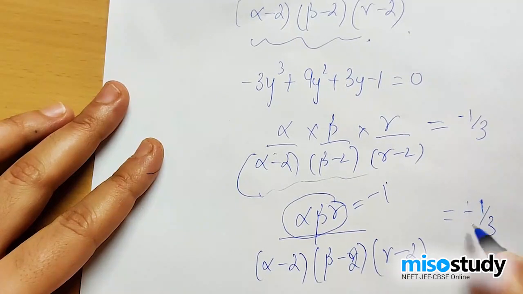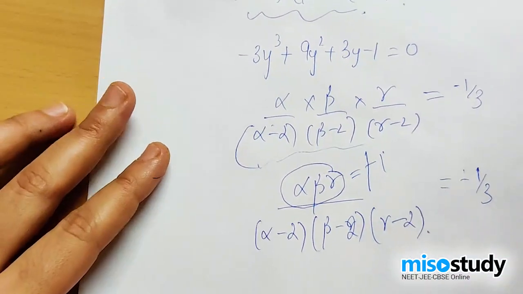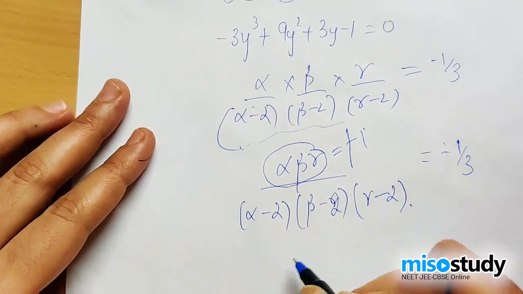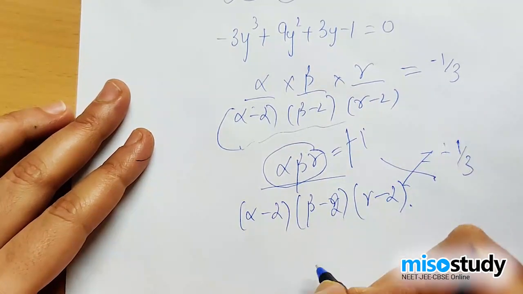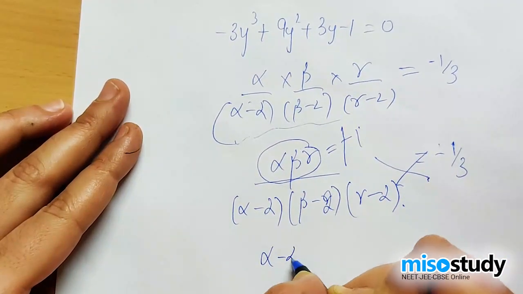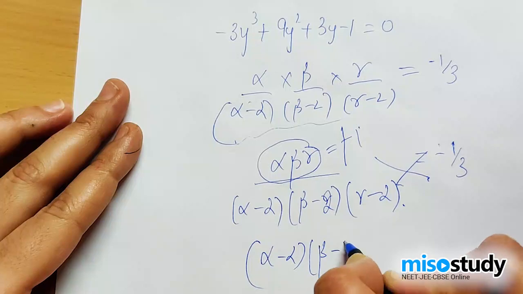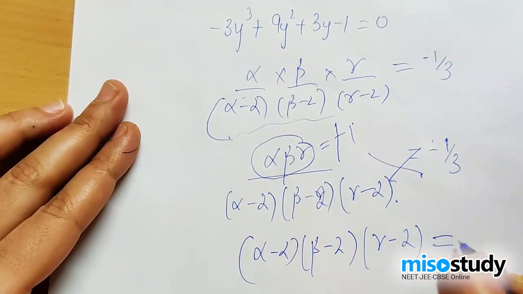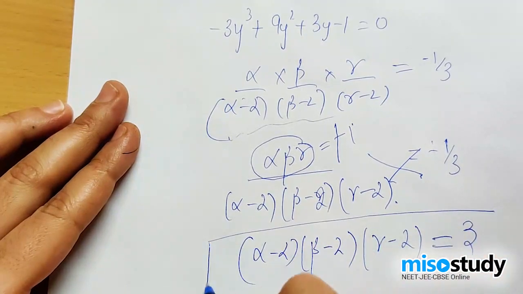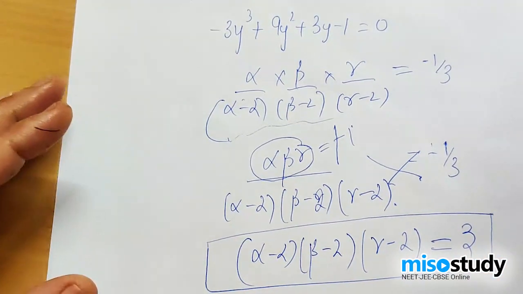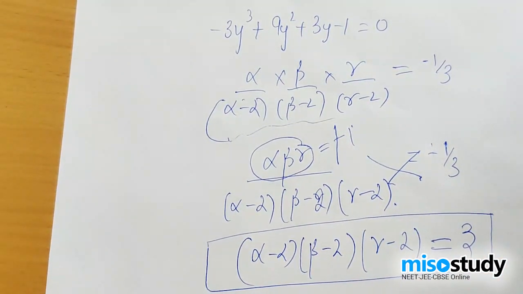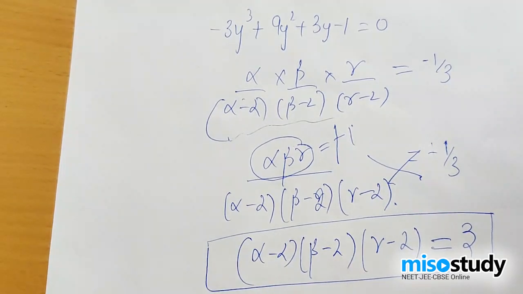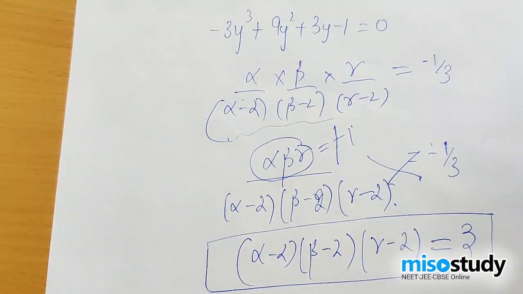So from here, the negative will get cancelled. Alright, and on cross multiplication, I will end up having alpha minus 2, beta minus 2, gamma minus 2 is equal to 3. So this is how I found the value of alpha minus 2, beta minus 2 and gamma minus 2 to be equal to 3.